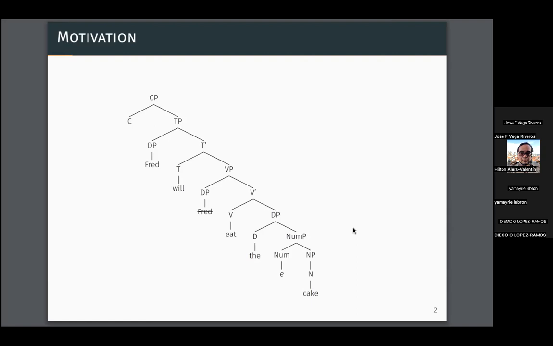Is that actually in the computation? It's probably not, because we form the sentence out of the lexical items, out of Fred, will, eat, the. We don't compute with VPs or V bars. These are just labels. So we want to reduce the representation to just the lexical items that enter into the computation.